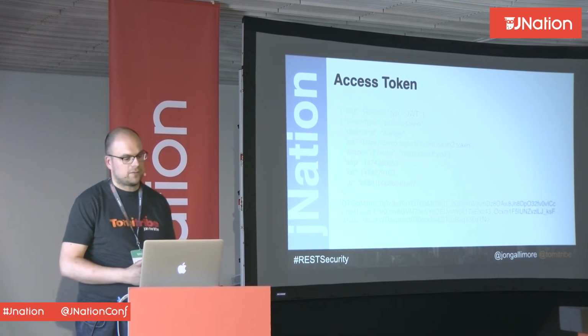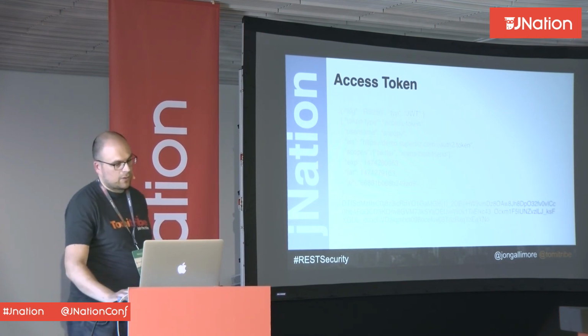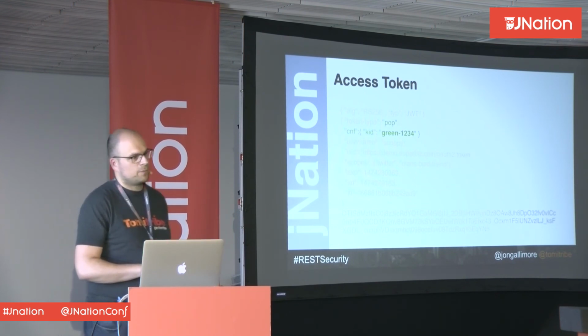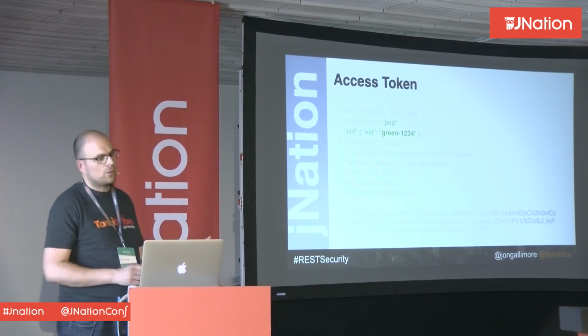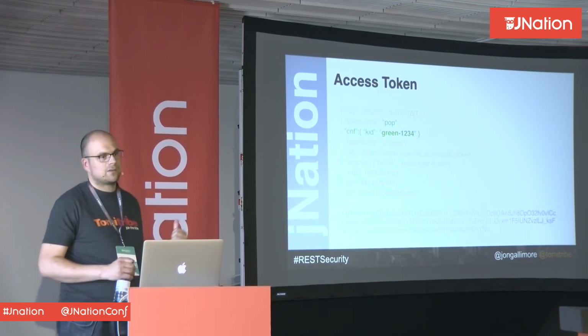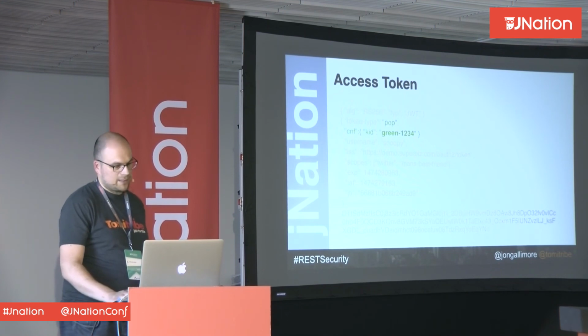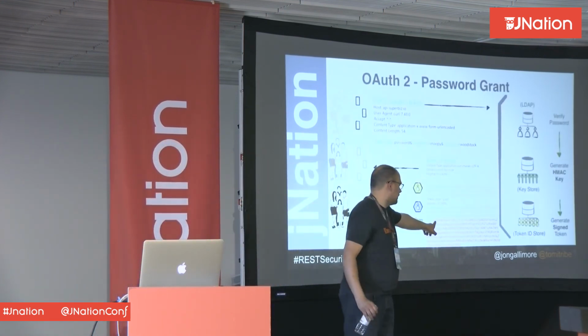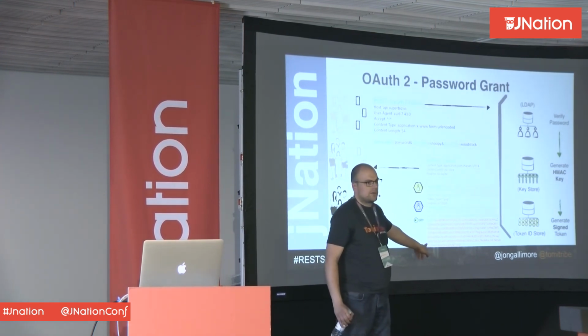So here's our access token before. With proof of possession, when you make the call, you get handed back a key ID in the access token, and in the body of the response you get the key to use for the signature itself.